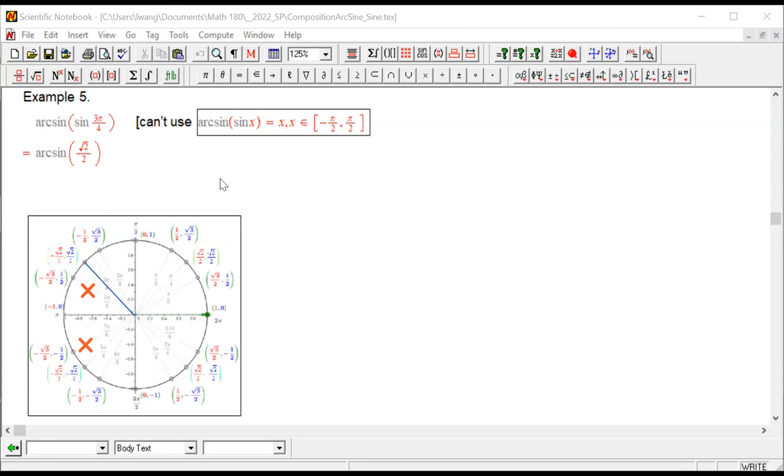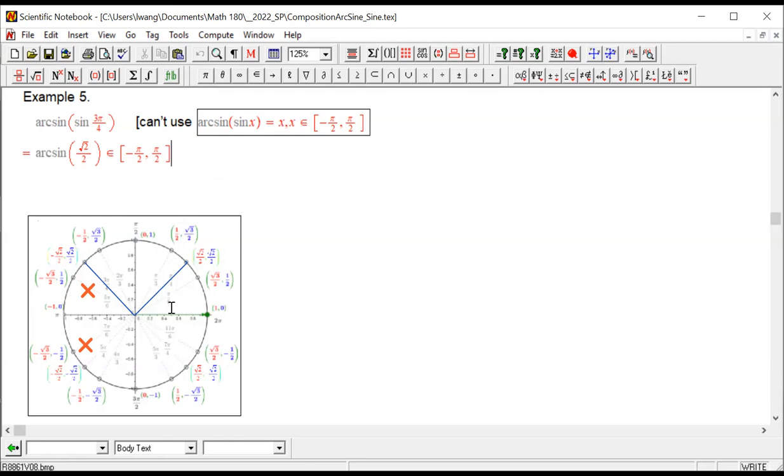So we know this ratio, the blue ratio here. And what is the angle that arc sine can produce? This is the reason why we need to know the range for arc sine, which is negative pi over 2 to pi over 2.